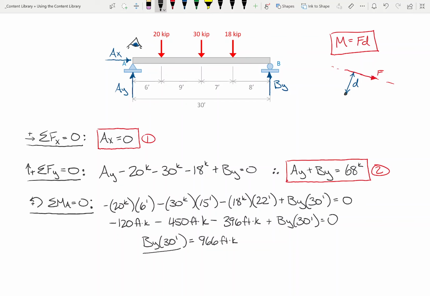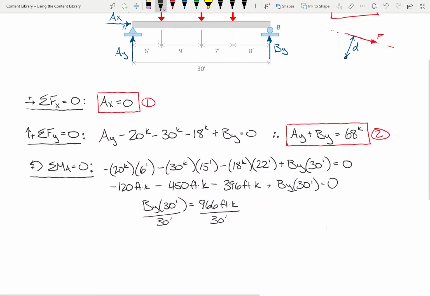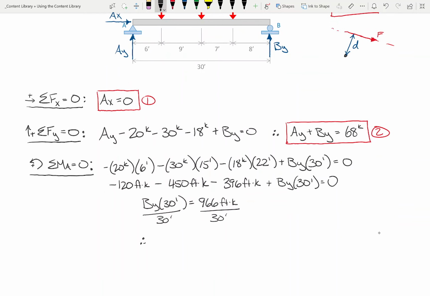I divide both sides by 30, and therefore BY is what? 32.2. You can see I was looking ahead. But more specifically, it's not just 32.2, it's positive 32.2 kips. So it's positive 32.2 kips.